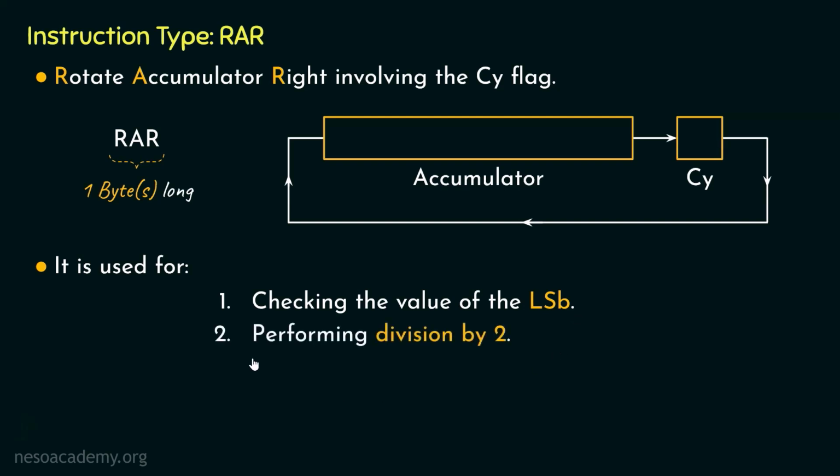Furthermore, we can also perform division by 2 using the instruction type RAR. But this time, we have to make sure that the carry flag's content prior to the execution of the instruction type RAR should be 0. And the reason for that is, the carry flag's content eventually will become the most significant bit within the content of the accumulator.